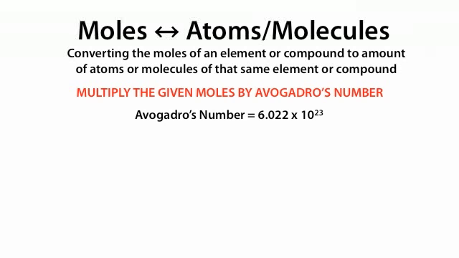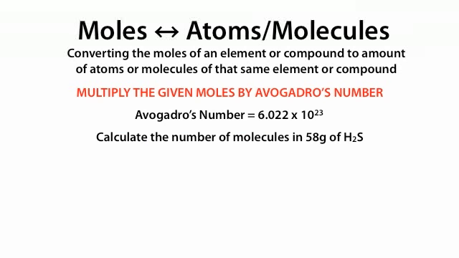Let's try another example. Calculate the number of molecules in 58 grams of H2S. Step 1. Convert the given to moles. Now, as we can see from the problem, we're given 58 grams of H2S. So we must convert 58 grams of H2S to moles of H2S.